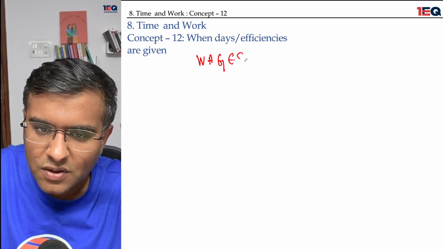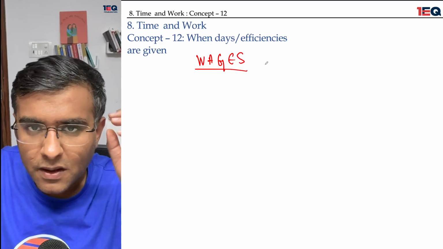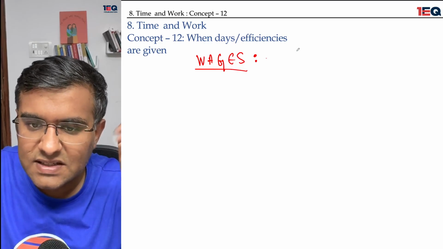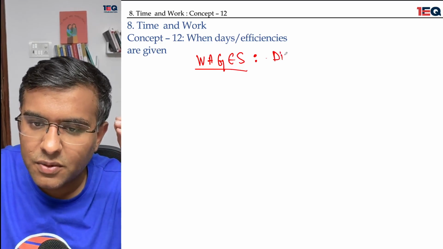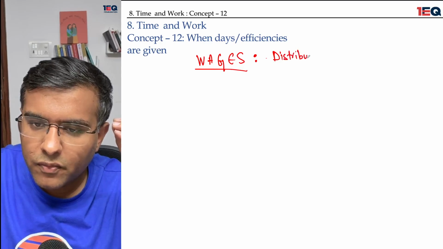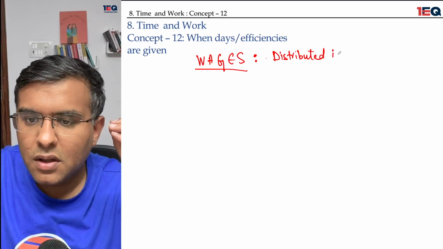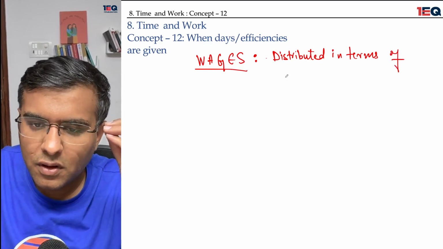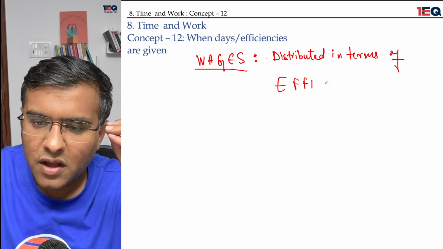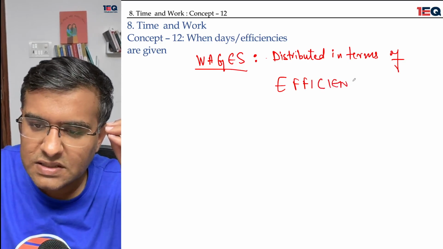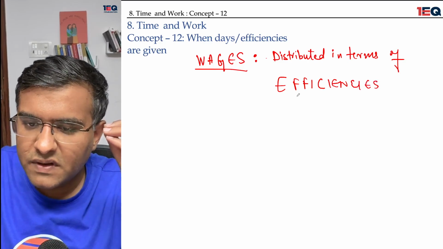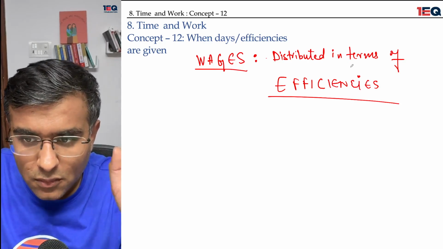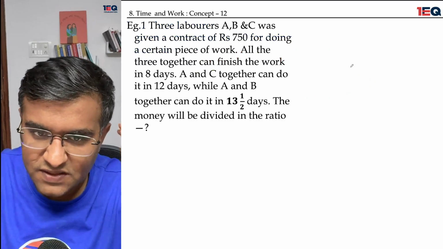The most important point when wages are discussed is that the wages are distributed in terms of efficiencies. The wages are distributed in terms of efficiencies only. Got it? Let's move on.